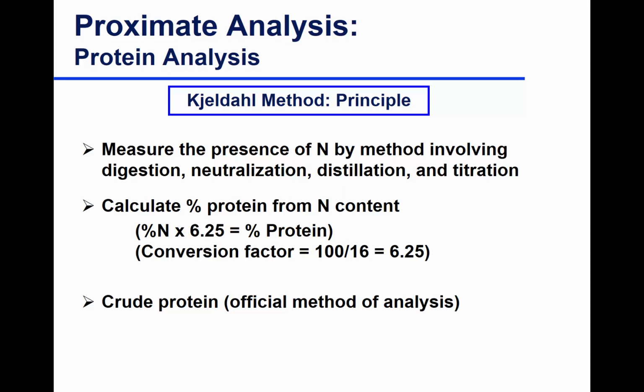So it's called crude protein. Why is it called crude protein, Ted? So it includes nitrogen from other sources than protein sources. So if you have nitrates and if you have nucleic acid, or if you have a high amount of vitamins or phospholipids, these have some nitrogen content in them.